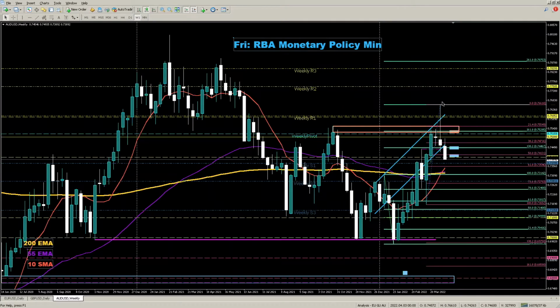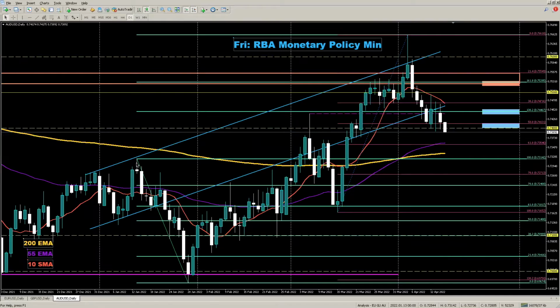On the weekly time frame, that's because there's this bearish continuation move lower after this long spike and upper wick of the previous week, heading lower towards these next fib levels, but eventually it looks like it could be targeting the weekly 200 EMA at the 73.20 area, and that's where there's the swing high level that it needs to return to test.